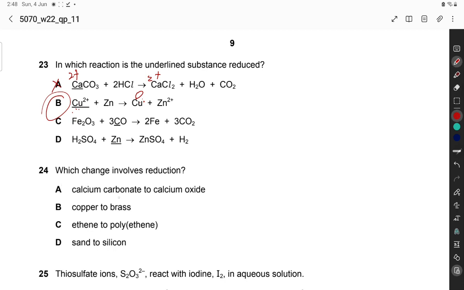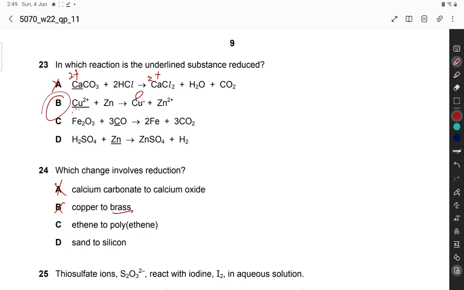Which change involves reduction? Calcium carbonate to calcium oxide. Decomposition is not a redox reaction, so it is incorrect. Copper to brass. Brass is a mixture and there is no change in oxidation state, so this is also incorrect.